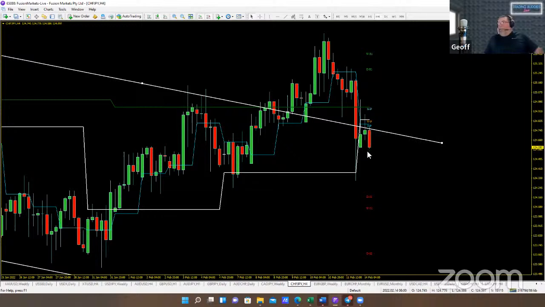Interesting that Swissy is going short here versus the yen. That's been a bit of a battle. And in fact, they're always a battle, Swissy versus the yen, because they're similar risk currencies. Risk off currencies, in fact. So it's always tough to judge that one.